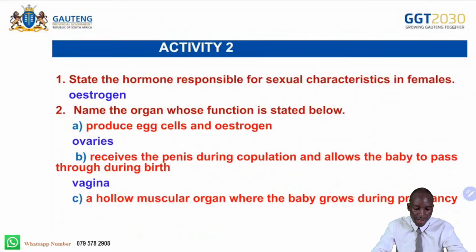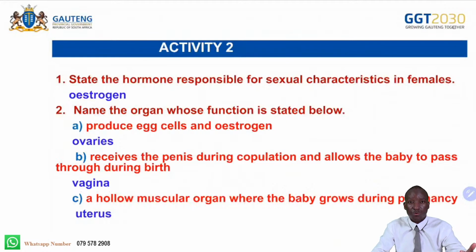Then C, the muscular organ where the baby grows during pregnancy. What is this organ? This organ is the uterus, the one that we said is referred to as the womb.